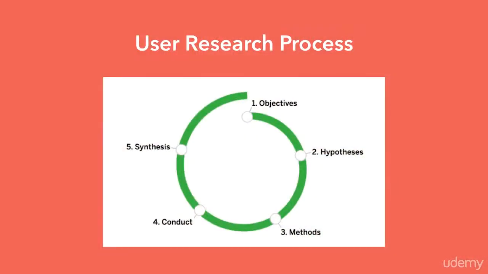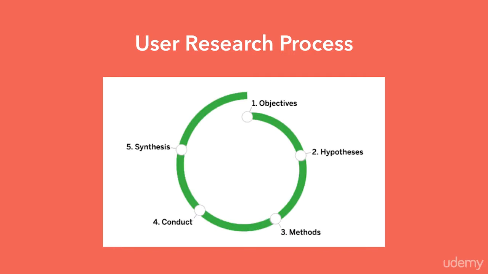All right, so let's now look at the user research process. So user research really occurs in 5 major steps. Much like the design process, you'll start off with objectives. Let's say you want to better understand how a user reacts when they first open your application or visit your website. So let's say that that's the case.